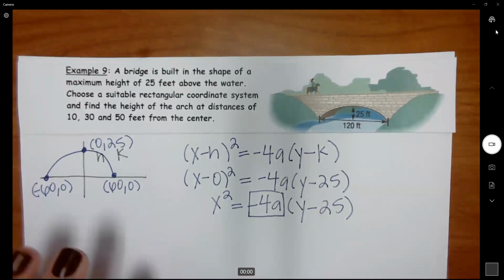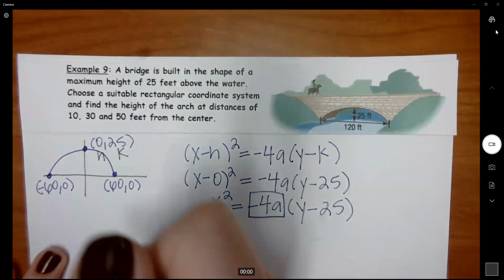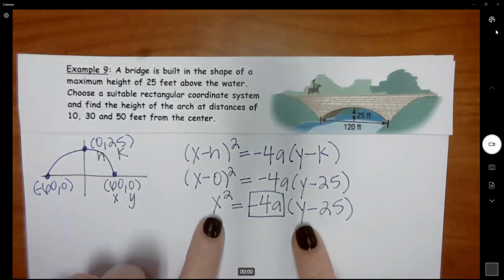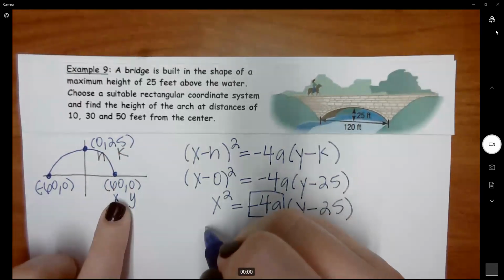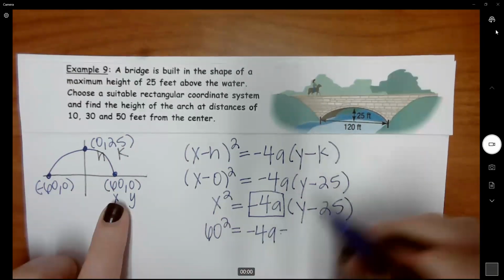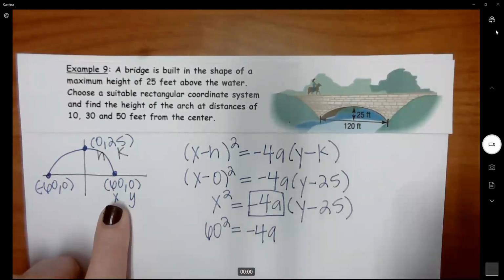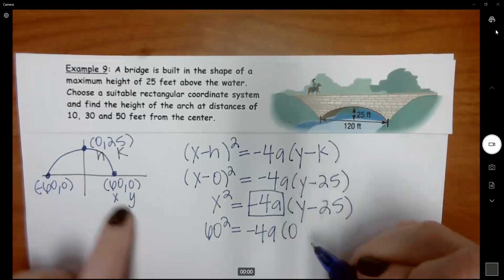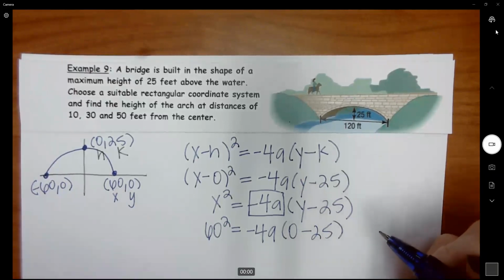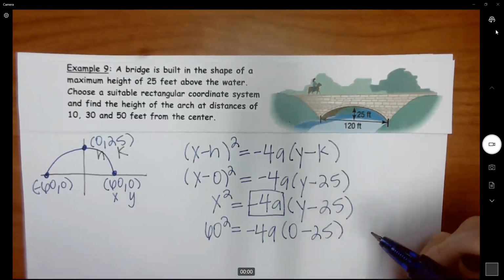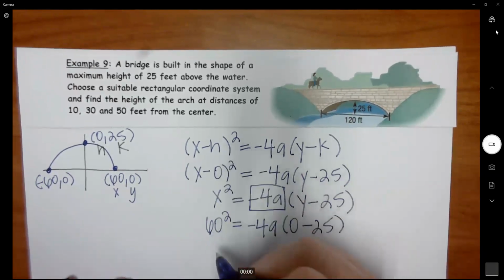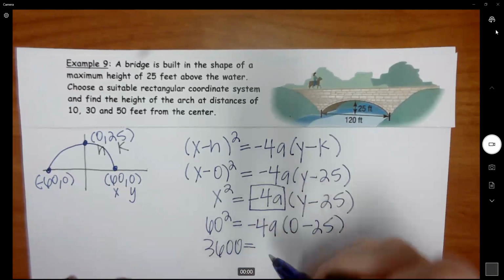And so we can do that by using one of these two ordered pairs. This is my x and my y, so I'm going to plug that in for my x and my y. So x is 60, so we've got 60 squared, and then 0 for my y minus 25. So 60 squared is 3,600.